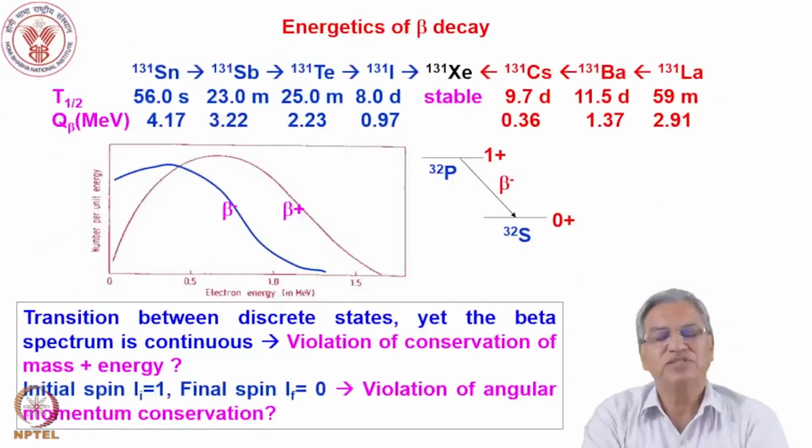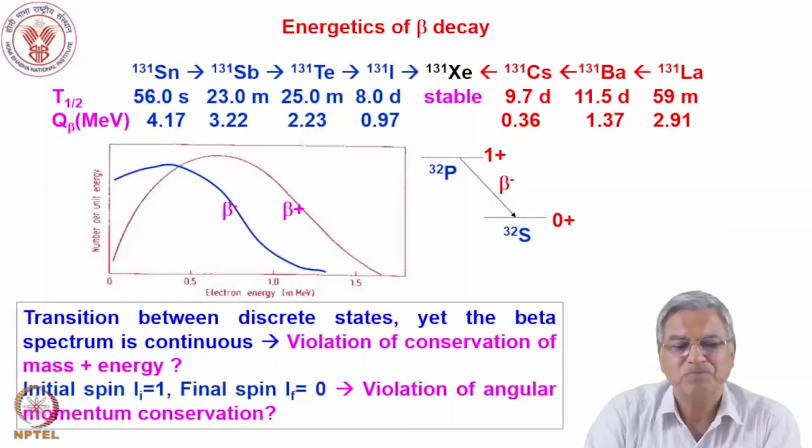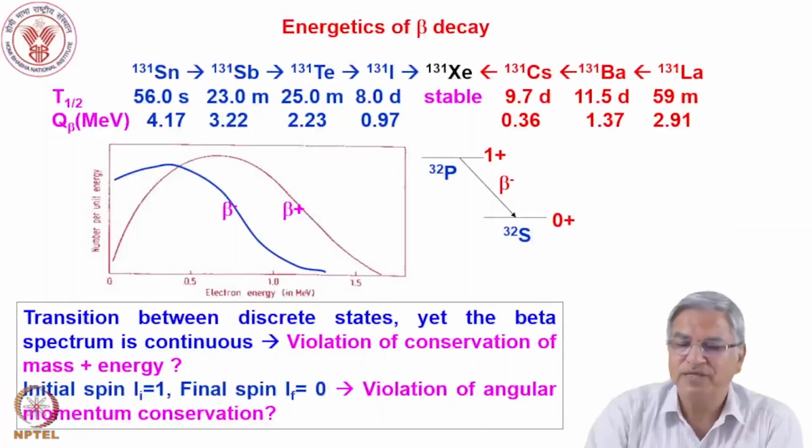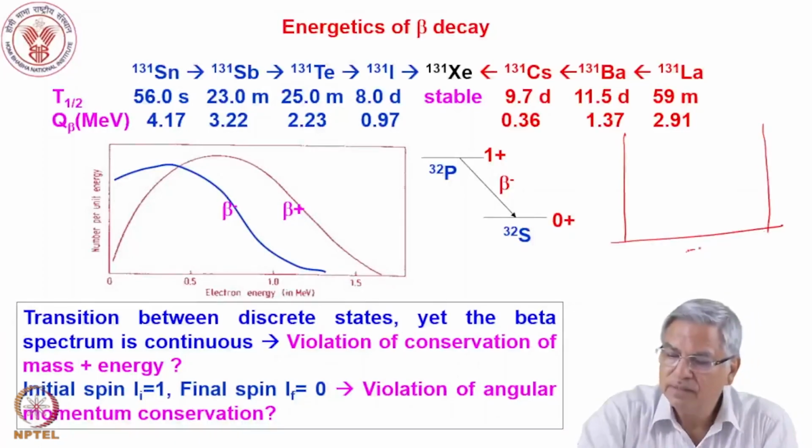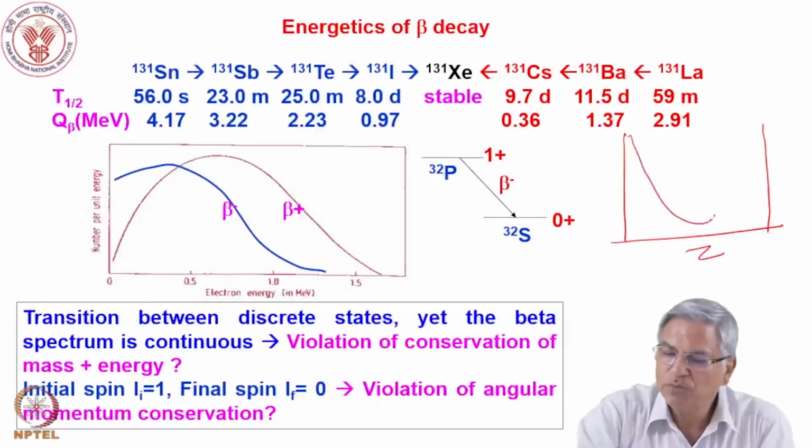Let us first discuss the energetics of the beta decay. As we have seen previously, beta decay occurs along the isobaric chain.